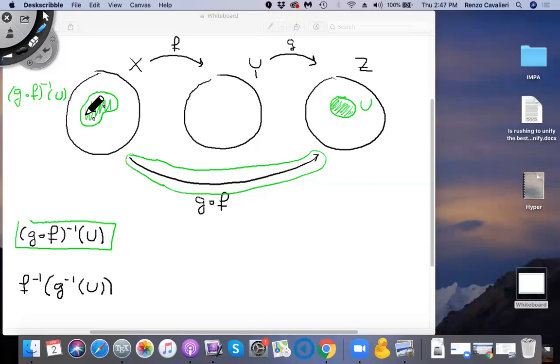So you have elements of X that end up in elements of U.